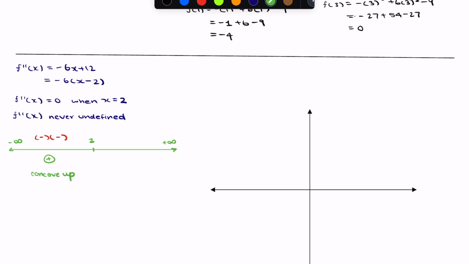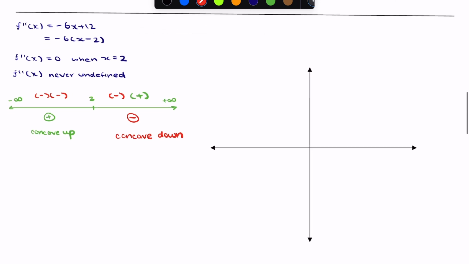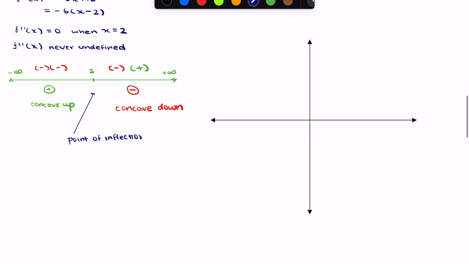Here, if we sub in 3, we have negative times 3 minus 2, which is negative, so it'd be concave down. So here, what we'll notice is that there's a point of inflection at 2.